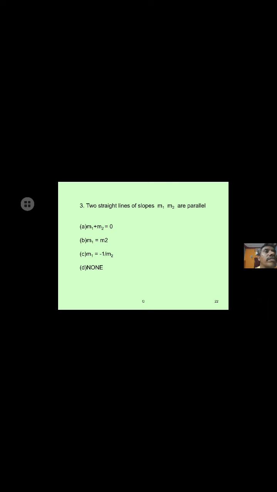Suppose the slope of the first equation we consider m1. So m1 equals to minus 3 by 4. And now come to the second equation's slope. Same formula, minus a by b, because it is also an equation and we can compare it with the general equation. We say a equals to 3 and b equals to 4.